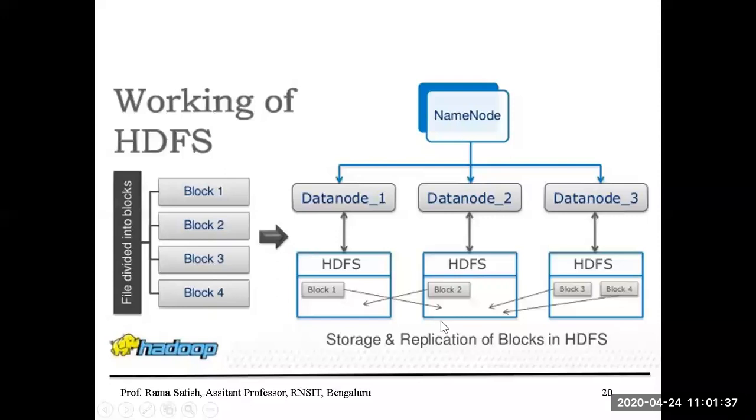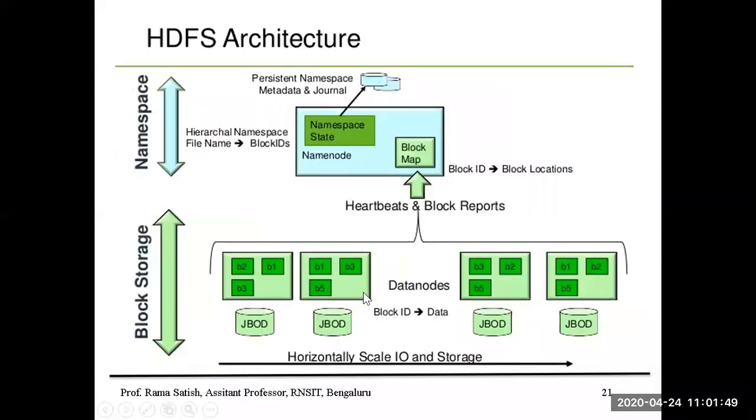As you see, the blocks are replicated in 3 different places. 3 blocks are repeated. So that is a very important thing. That's what your name node does, it maintains the data record, that is, it maintains the metadata of all the blocks.